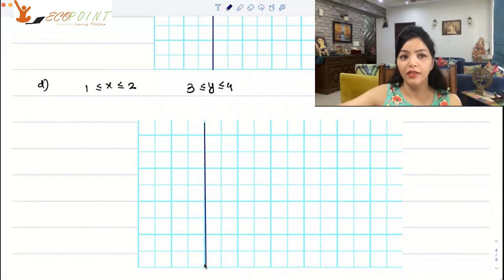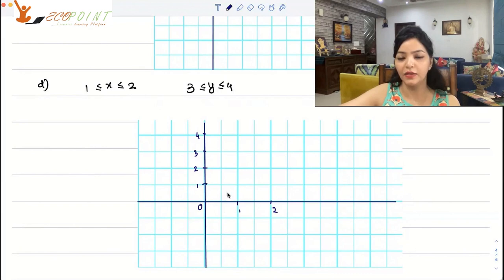Let's now try to depict some region on this Cartesian plane. For example, x lies between 1 and 2 and y lies between 3 and 4 always. If that is the scenario, what would it look like on this coordinate system? We are talking about the region where x is always lying between 1 and 2 and y is always lying between 3 and 4.